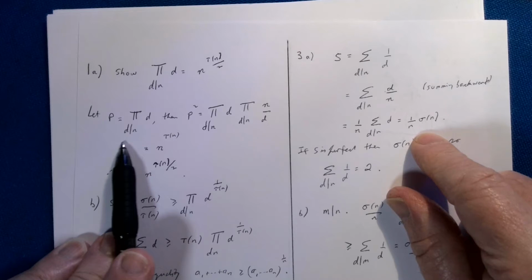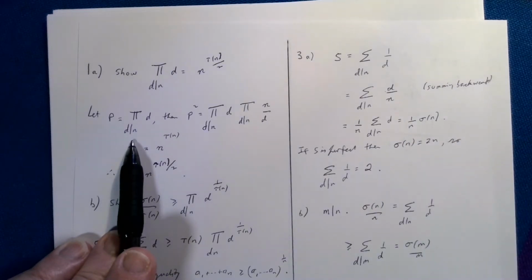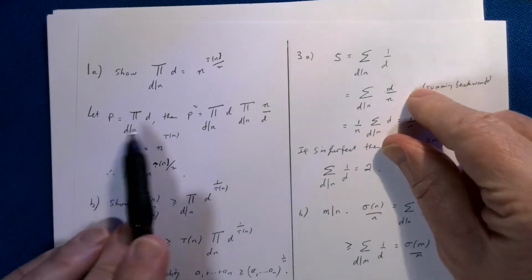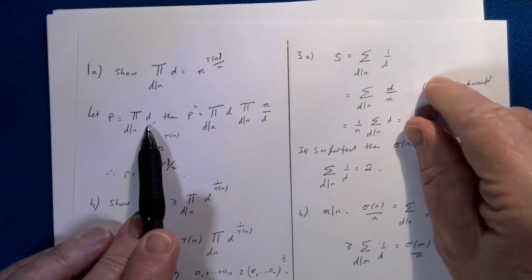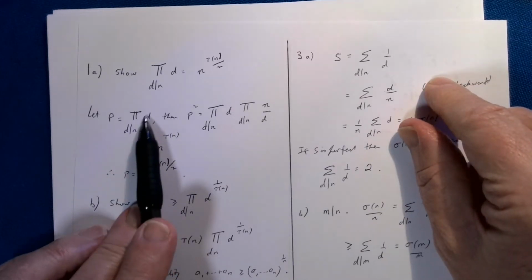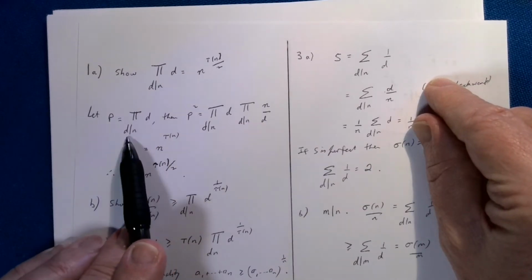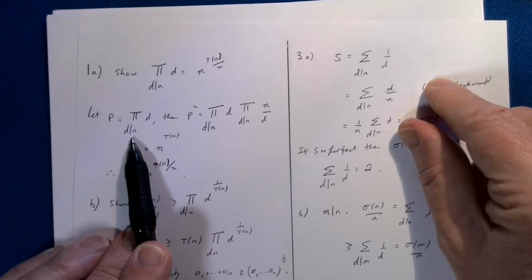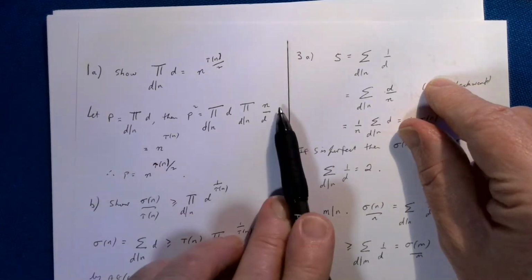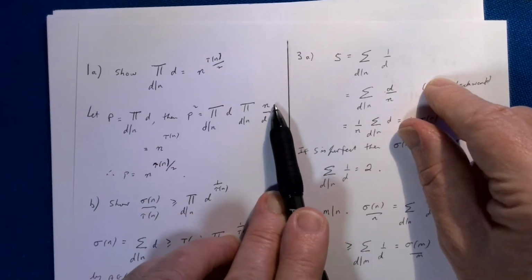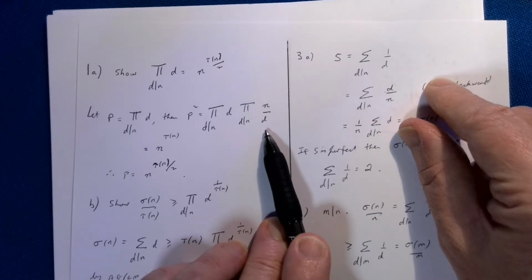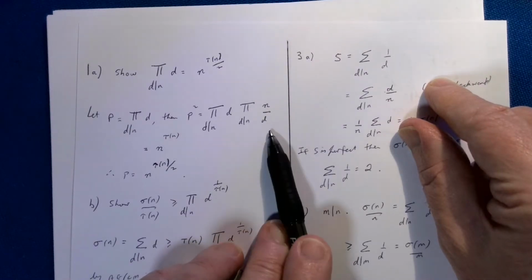And an old trick, of course, is once you've got a product or sum of divisors, you can rewrite this taking the order backwards. So instead of taking the divisors in order, you take n over the divisor to get the cofactor, and you take the product back the other way.